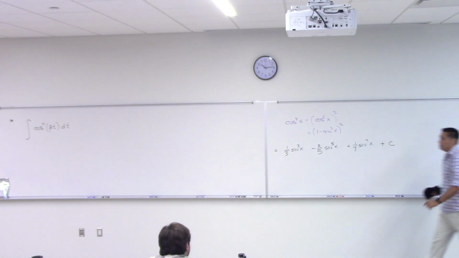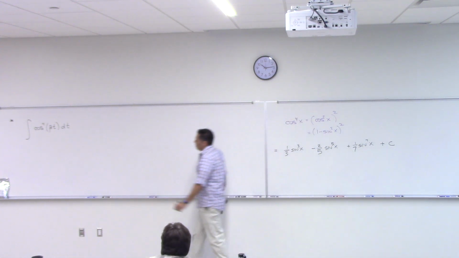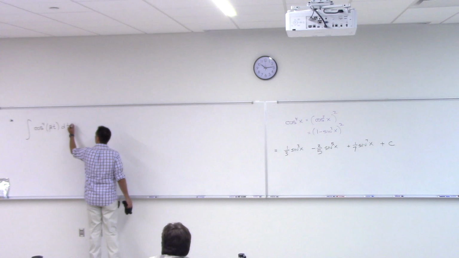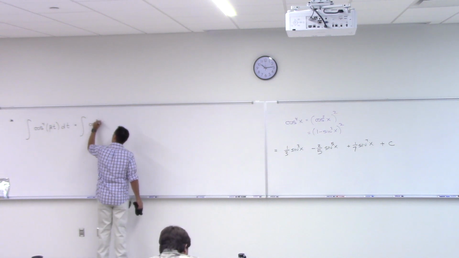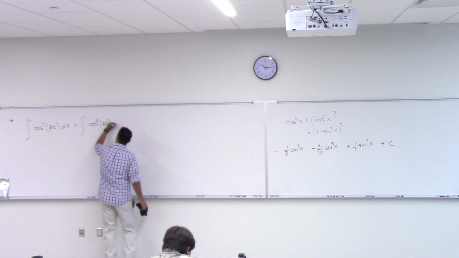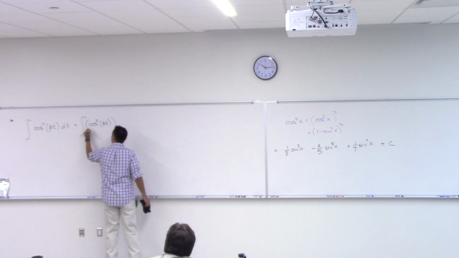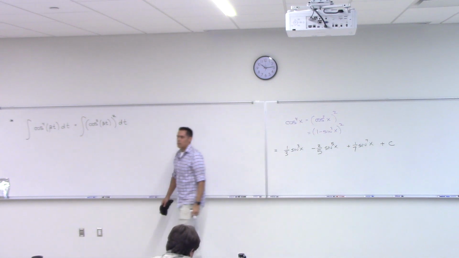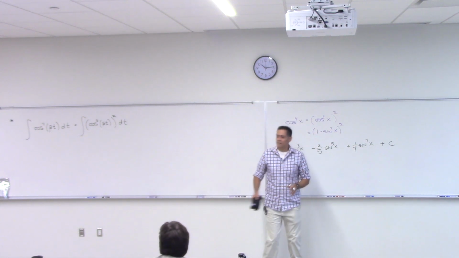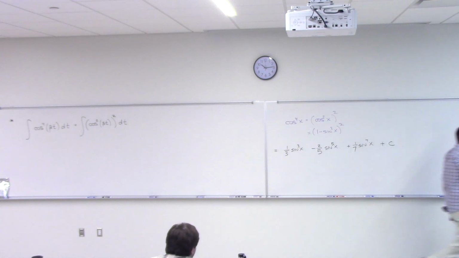So here I go. I'm going to rewrite this as cosine squared of beta t, that squared. The half-angle identity I'm going to use is this one right here for cosine squared.